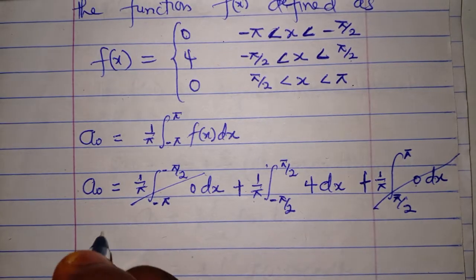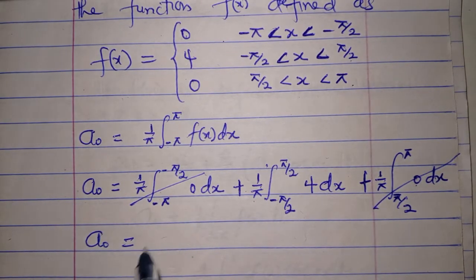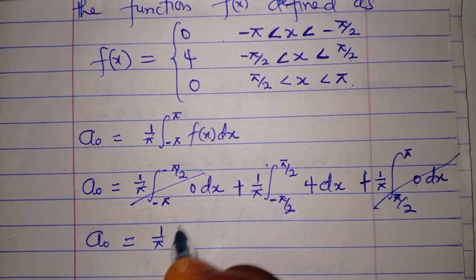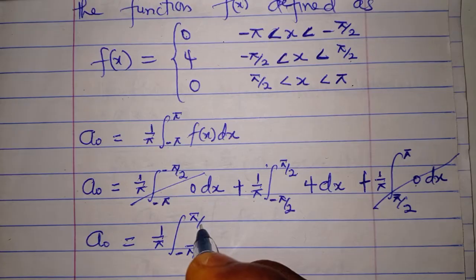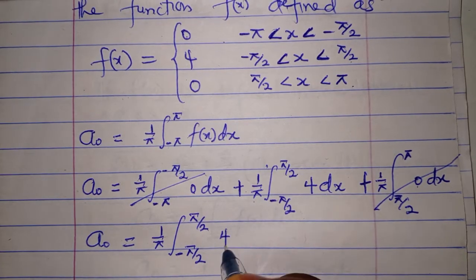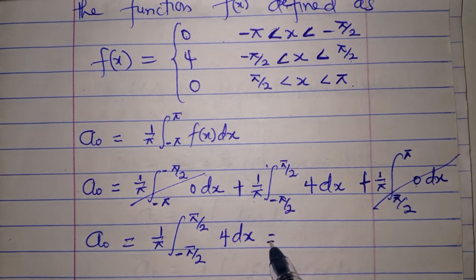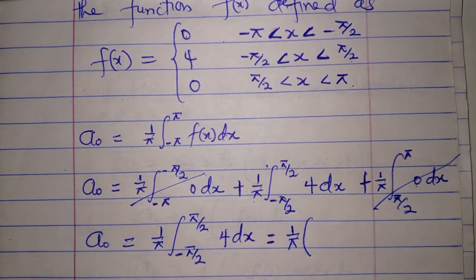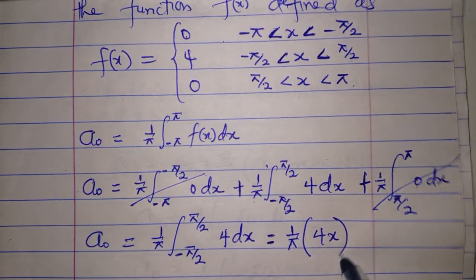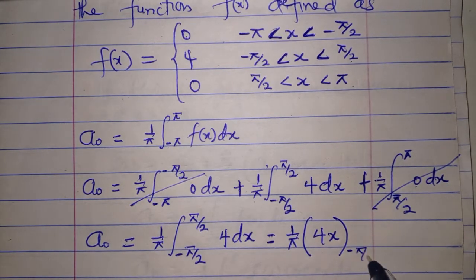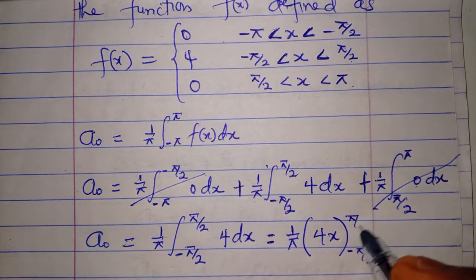So we have just a naught is equal to 1 over pi times the integral from negative pi over 2 to positive pi over 2 of 4 dx. 1 over pi. The integral of 4 dx is actually 4x from negative pi over 2 to pi over 2.